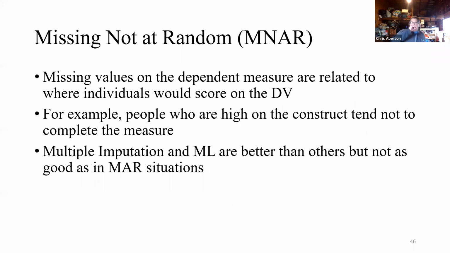Okay, missing not at random, MNAR. Missing values on the dependent variable are related to where that person would have scored on the variable. People who were depressed tended to not complete the depression measure more than people who were not. Multiple imputation and maximum likelihood are better than others, but not as good as in MAR situations.